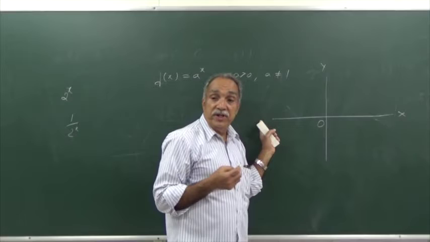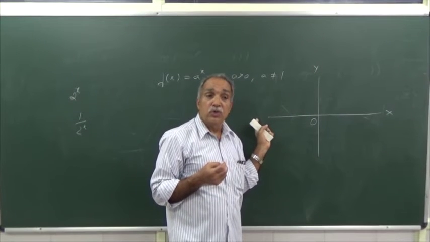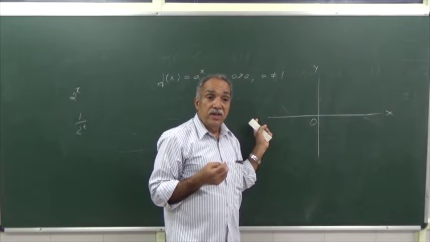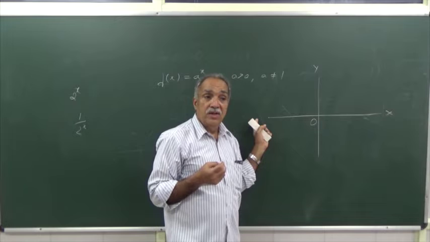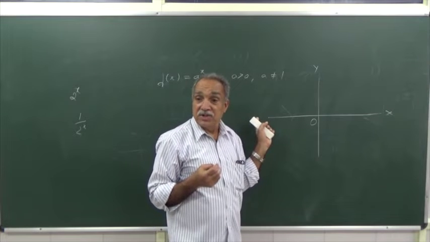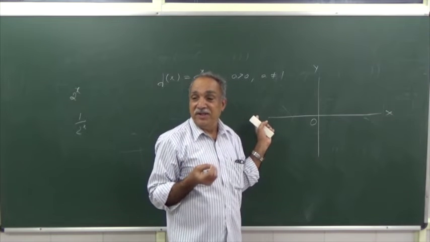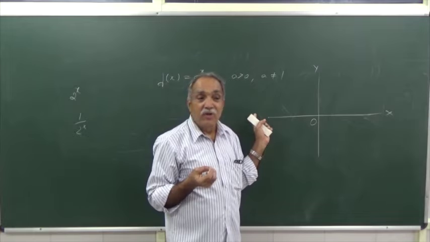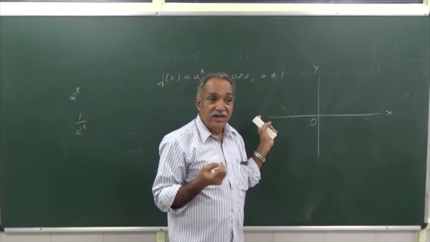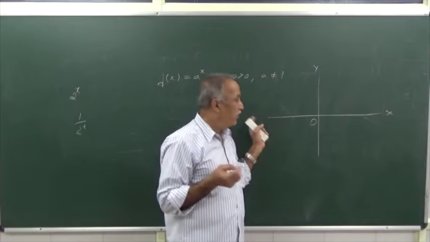At minus infinity, what is a to the power x? 2 to the power minus infinity, 1 by 2 power infinity, 0.